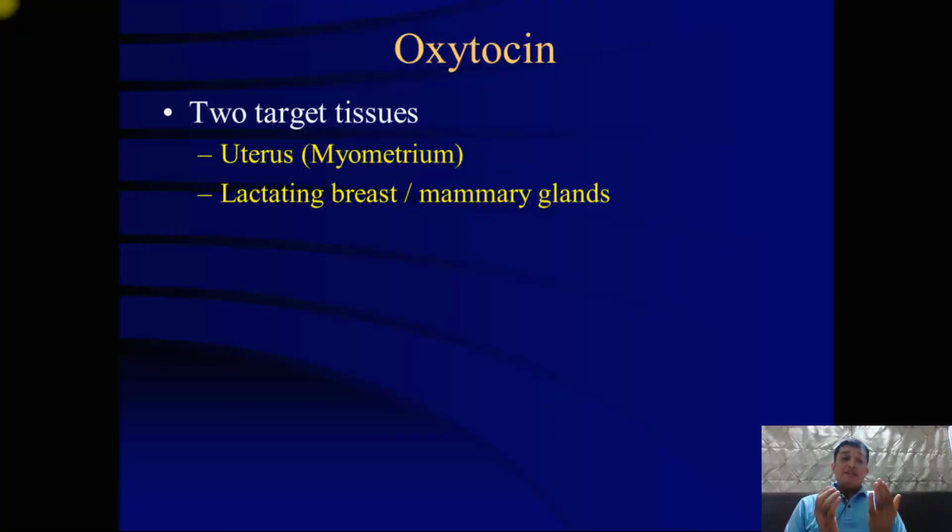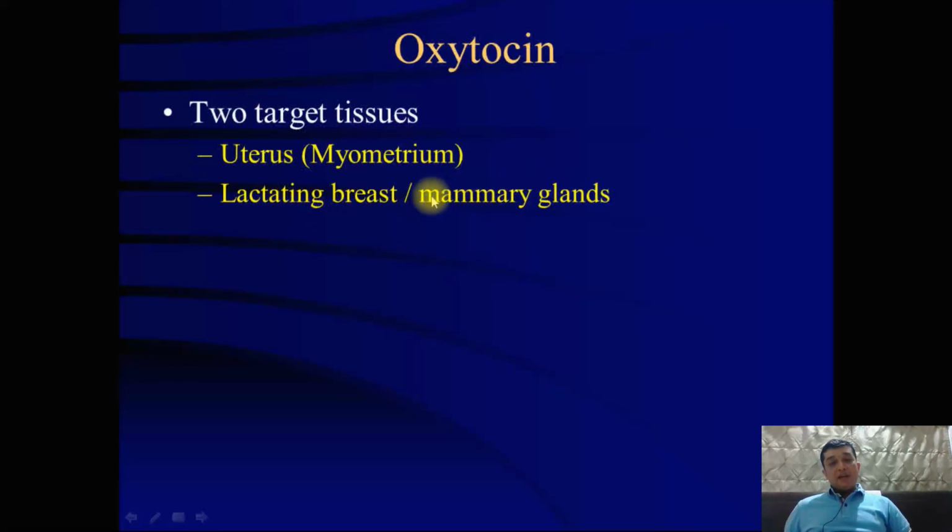That's why the muscles present in the uterus are referred to as smooth muscles. Metrium refers to uterus. The smooth muscle of the uterus is referred to as the myometrium. A very thick layer of myometrium is present in the uterus, which has expression of oxytocin receptors, right? Very important.